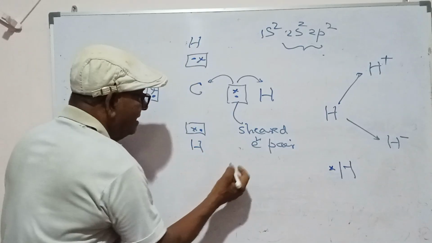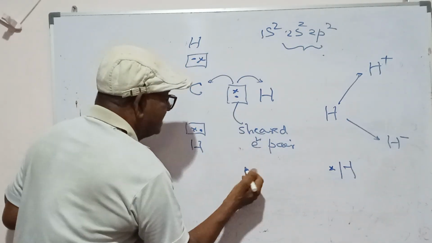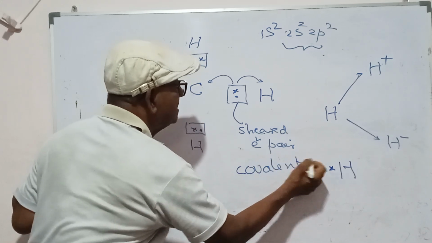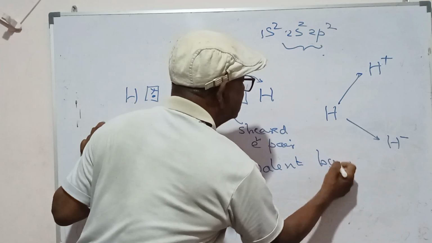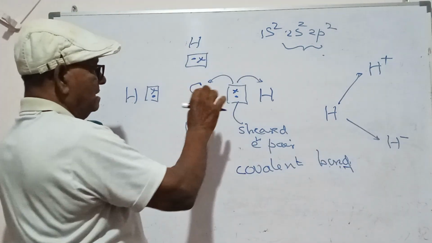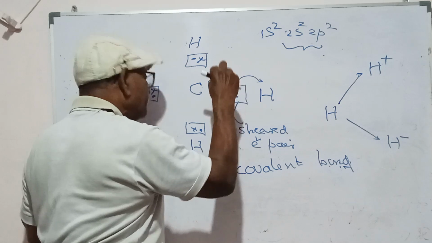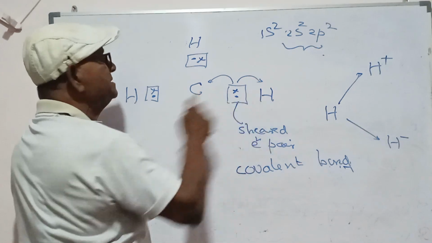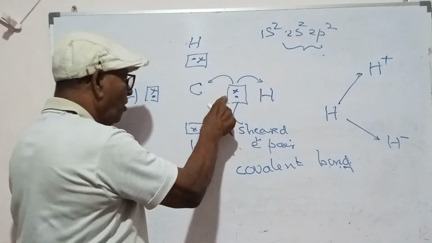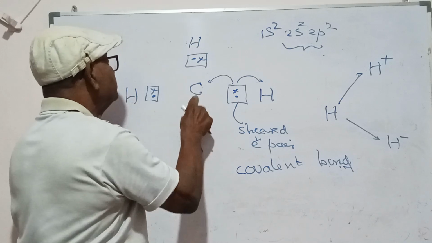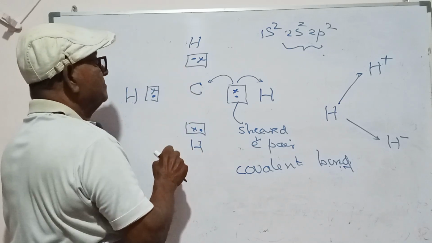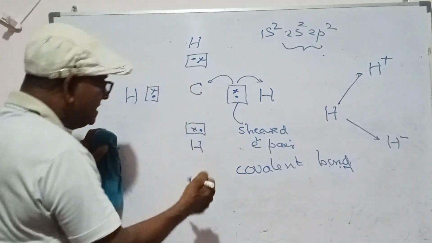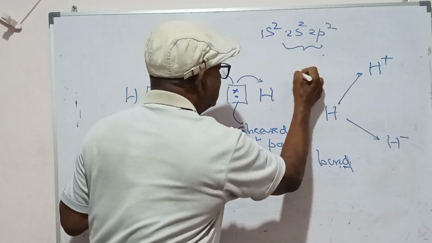This share is named a covalent bond. Because by this electron pair, a bond is formed between the carbon and hydrogen. Thus, four bonds are formed between carbon and hydrogen. These are covalent bonds. We represent each bond by a short line.